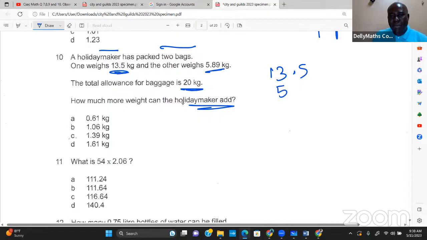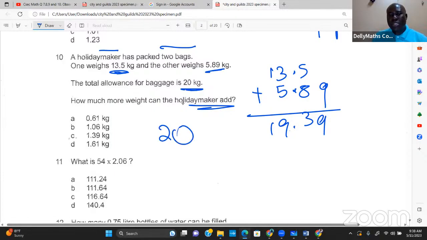We're adding decimals, 13.5 plus 5.89, and we get something like 19.39. But we can go up to 20. So we take 19.39 from 20, and we could add another 0.61.